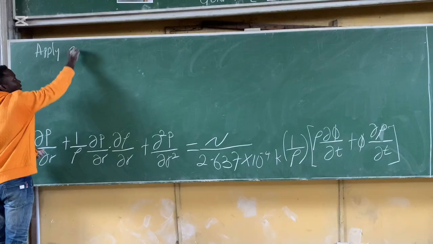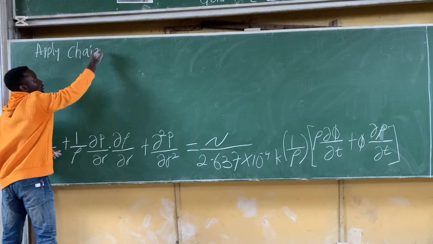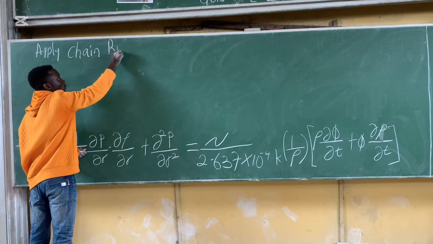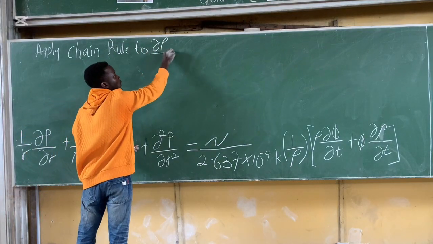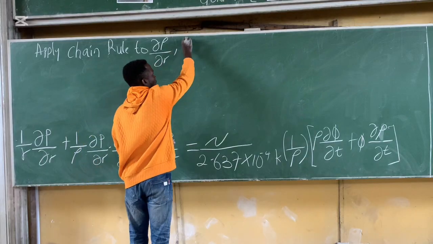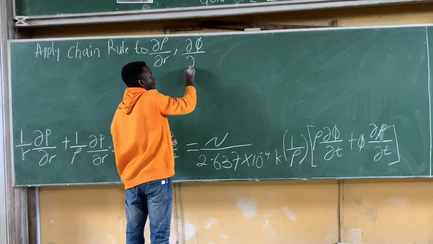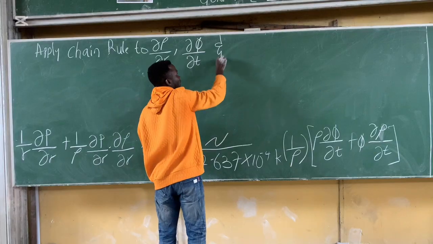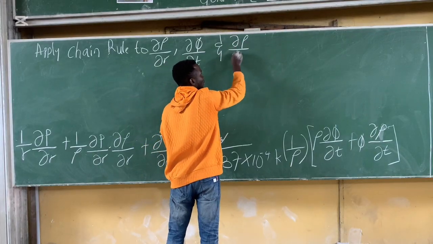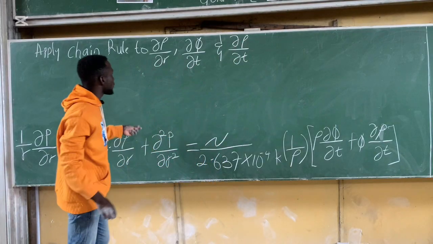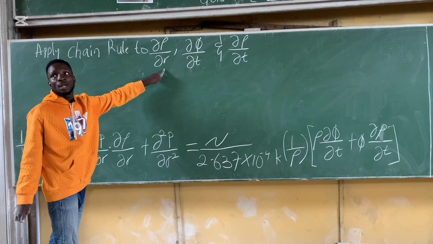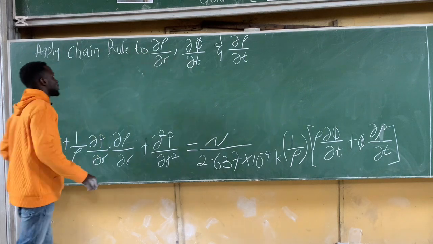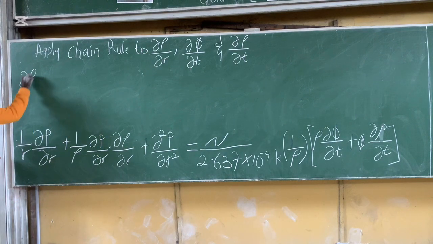So apply chain rule to dρ all over dp, dφ all over dt, and dρ all over what? Dt. So first of all, let's apply chain rule to dρ all over dp. If you apply chain rule to dρ all over dp, then we will simply have dρ divided by dp.